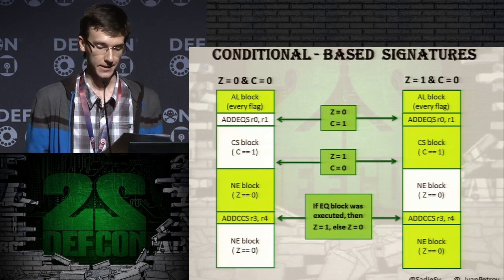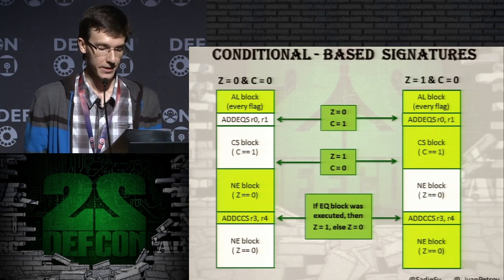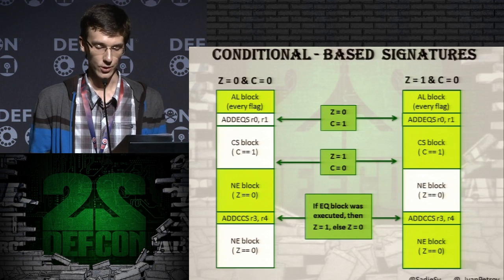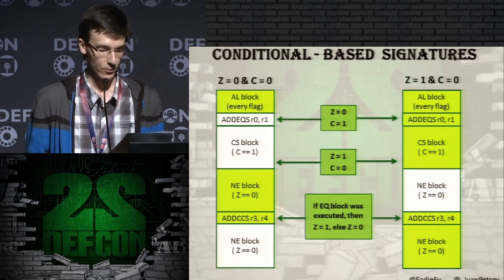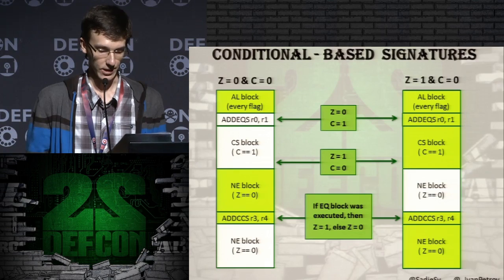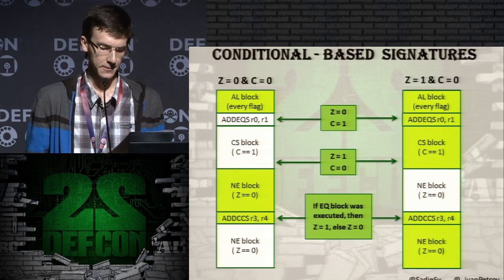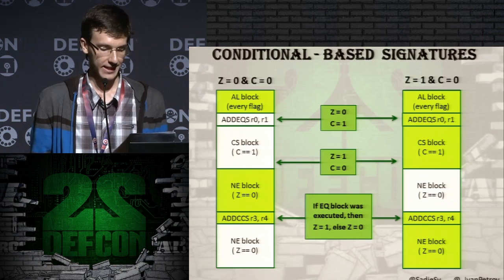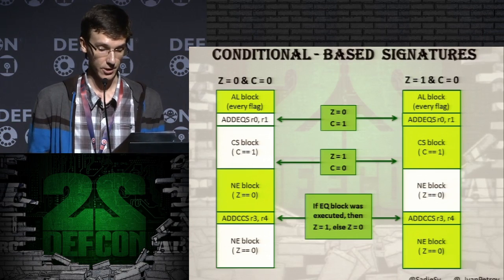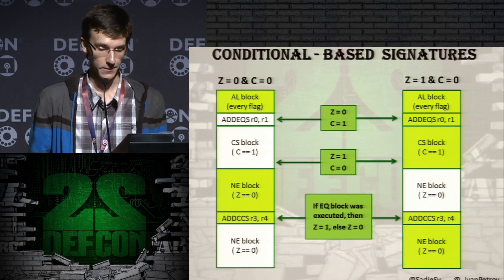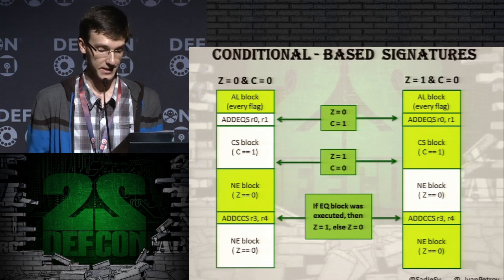Then, we have an add instruction with the not equal suffix. That means that this instruction will be executed only when the zero flag is set to 0. So, the instruction will be executed only in the second emulation. There we see the S suffix. This means that this instruction can change the flags register value. So, in the second emulation, the flags change. Then we have the CS block.